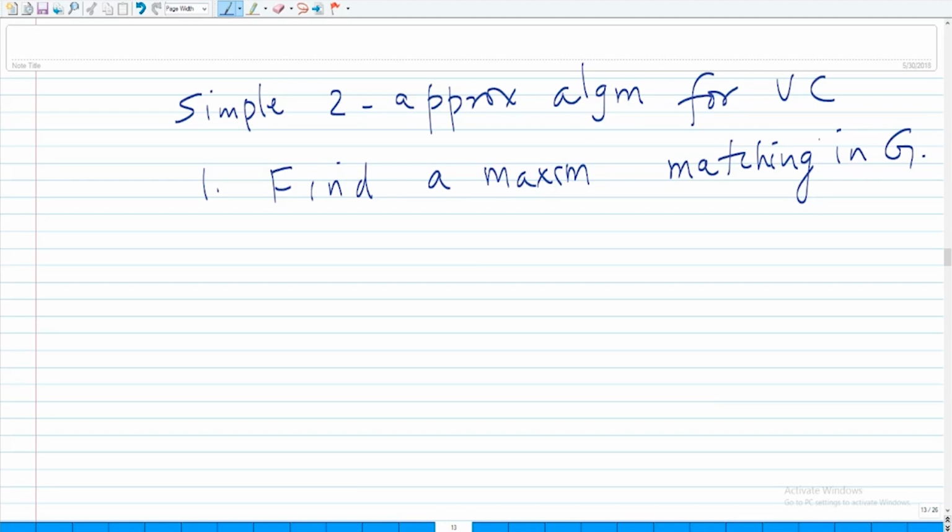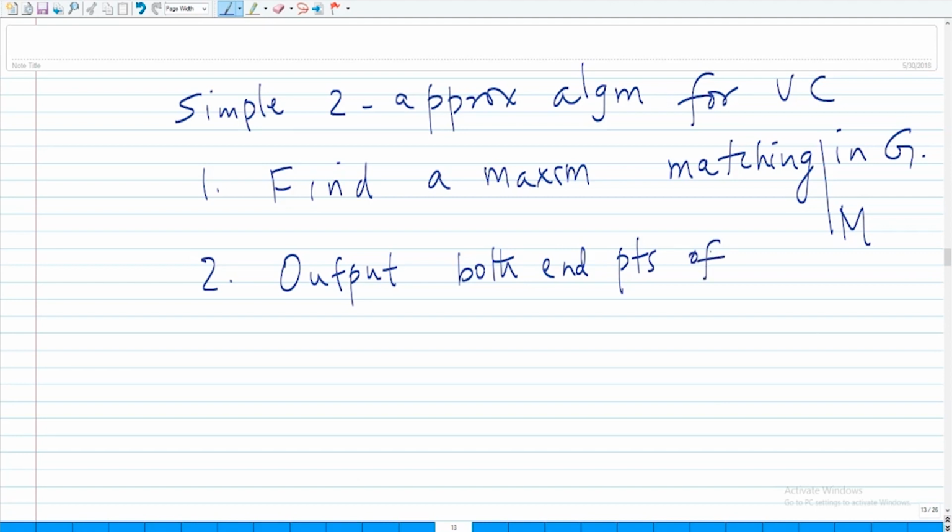Let us call that matching M. Output S equal to both endpoints of all edges of M. That is it. This is my algorithm. Find a maximum matching, pick both endpoints of every matching edge and output that.